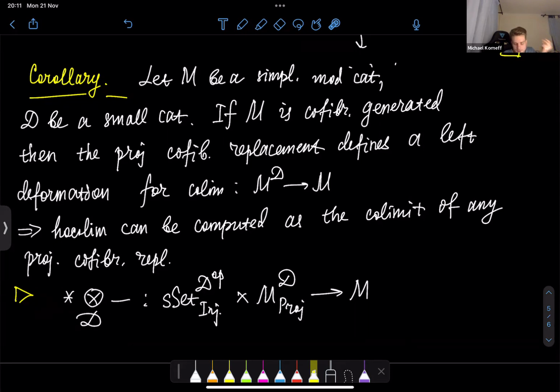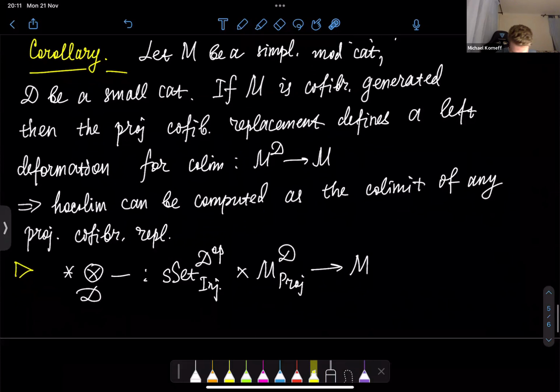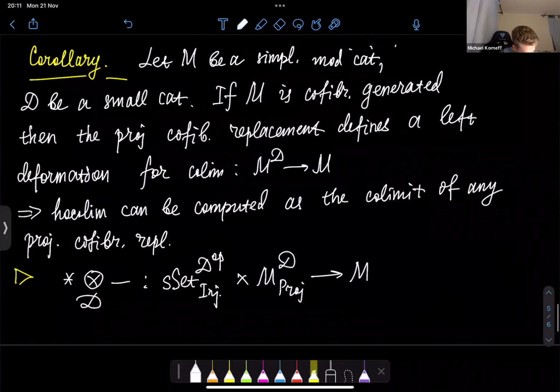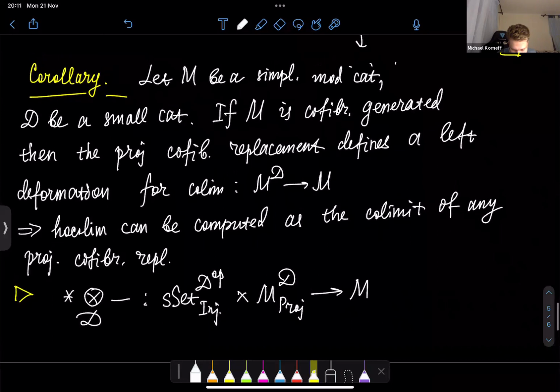And for the second argument, we should find the cofibrant replacement in the projective model structure, or projective cofibrant replacement. Okay, so this proves the theorem.